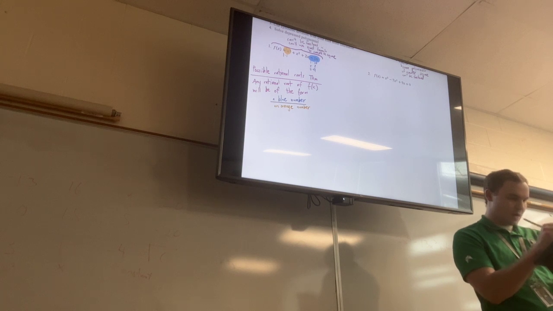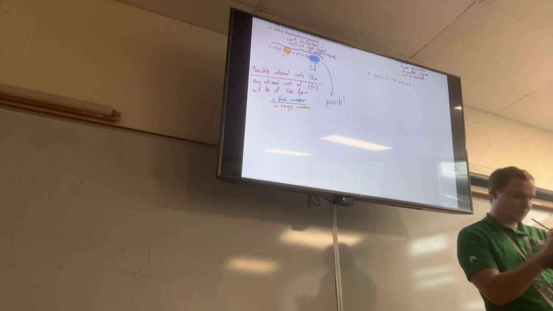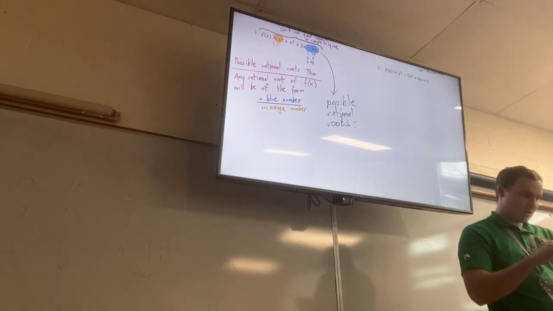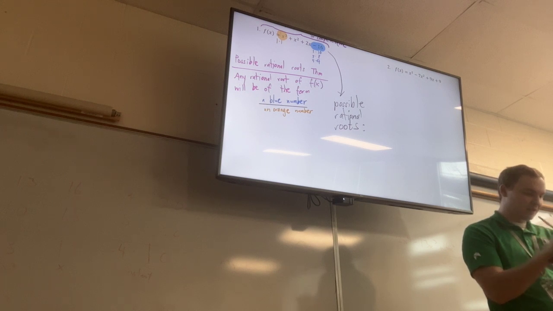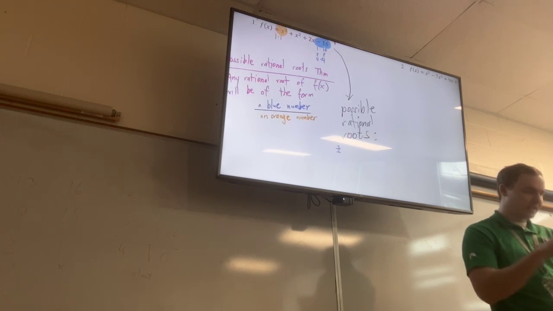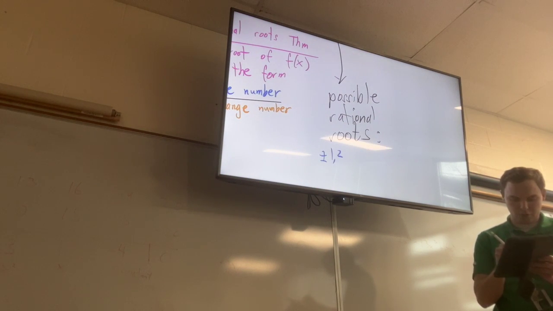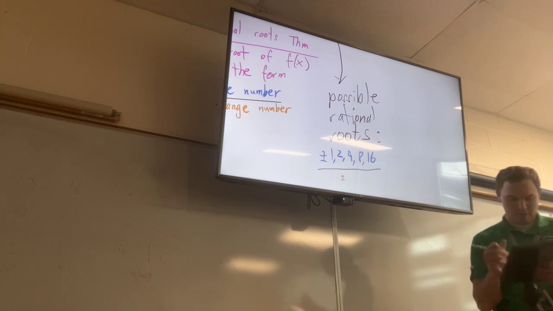I'm going to write plus or minus and list all those blue numbers: plus or minus 1, 2, 4, 8, or 16, all over plus or minus 1.